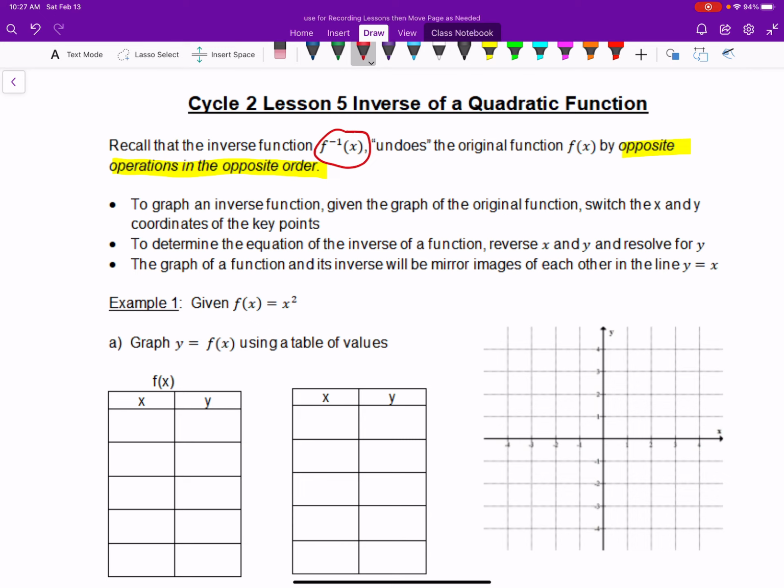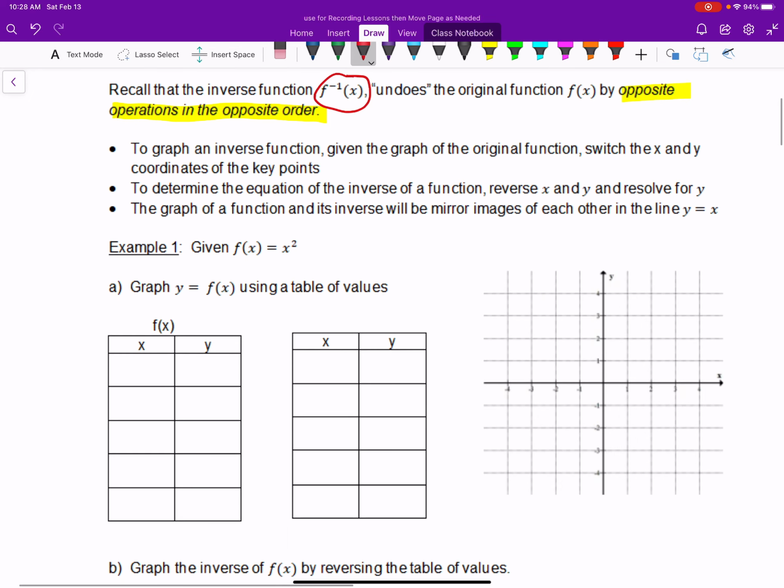If we have the function f at x equals x squared, we know that's a parabola, right? So let's graph that using a table of values. Let's just start at -3 and go up to +3 on the x-axis.